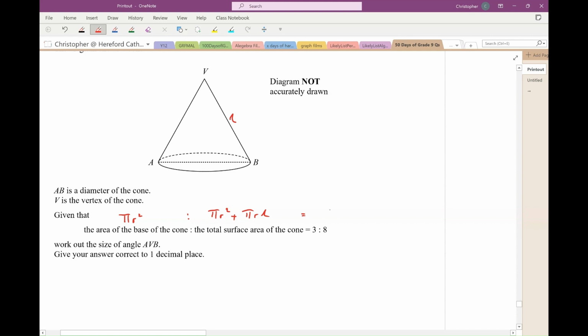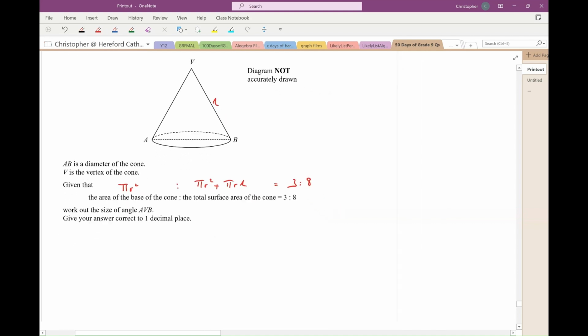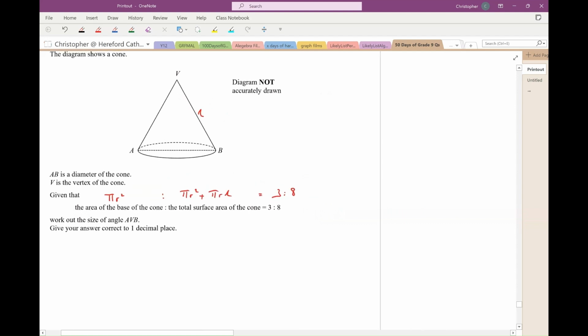We know that ratio is 3 to 8. Work out the size of the angle AVB. We're looking for that angle there.